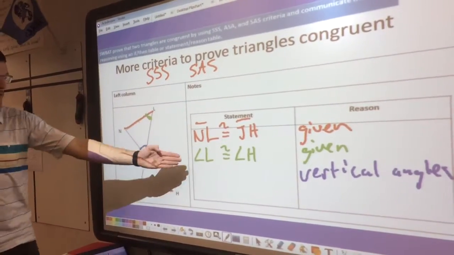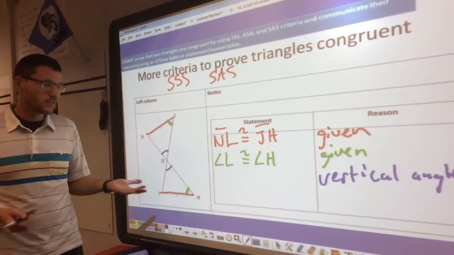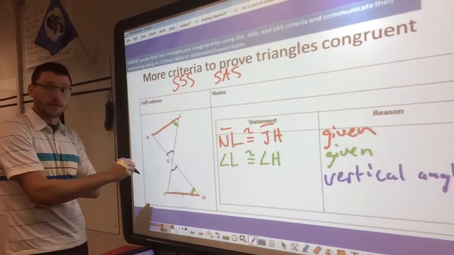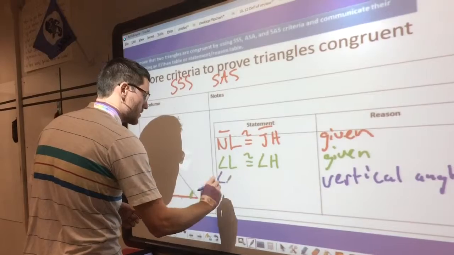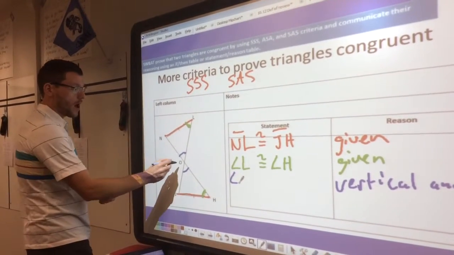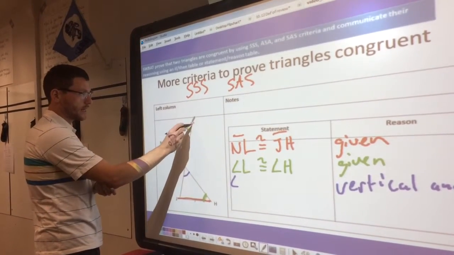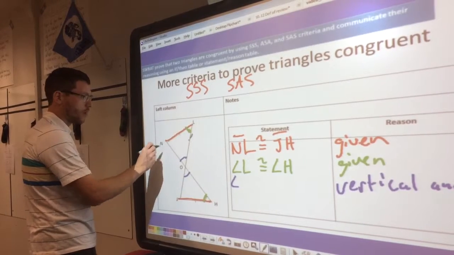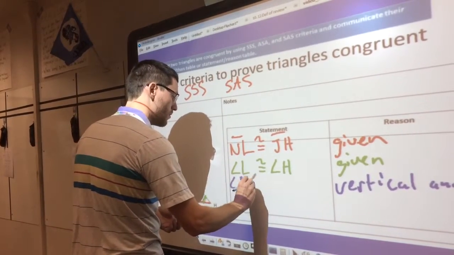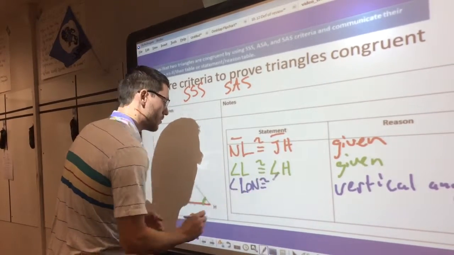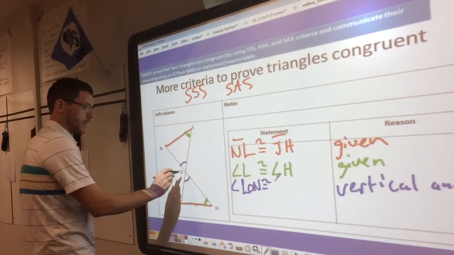And I can't name these as easily as I did on this last one because there's a lot of different angles here in the middle that I could mean when I say angle O. So we have to use the 3-letter naming convention, just like Mr. Bakke talked about. Okay? So O has to go in the middle, and I can name this one LON or NOL. Okay, so angle LON is congruent to angle HOJ.